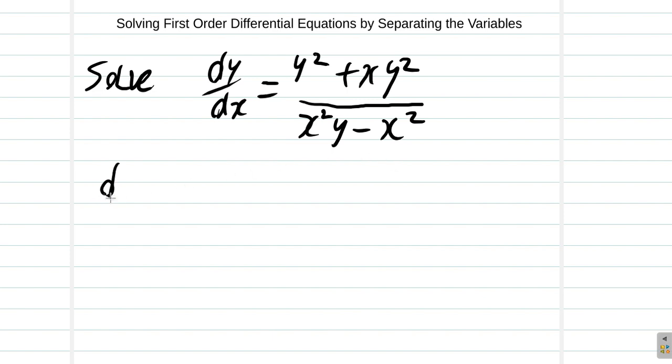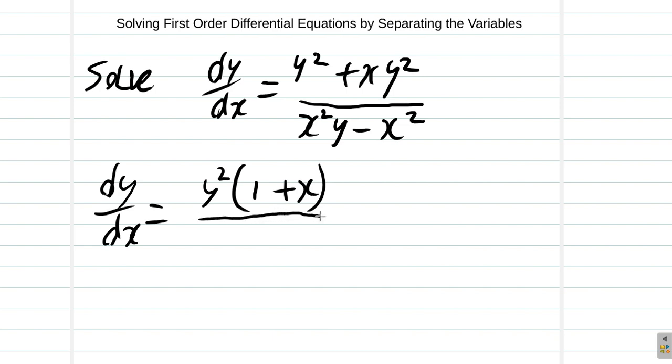So dy/dx is equal to, let's put y squared outside the bracket, (1 plus x), divided by x squared outside this bracket, (y minus 1). All right, so that's what we have so far.